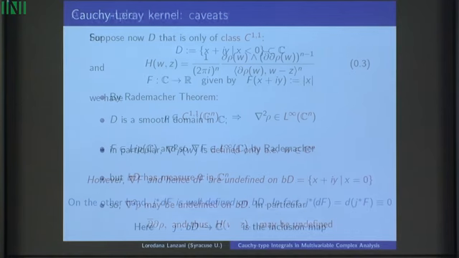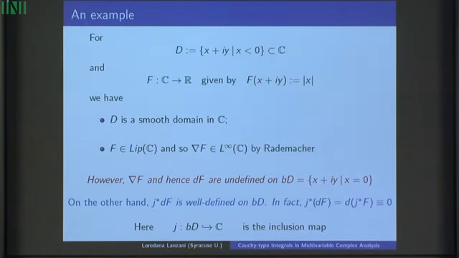And here is the toy example that kept us awake at night for many nights. There is no need to go to 2 derivatives. Let's just stick to 1 derivative and the classical Rademacher theorem. So your domain there is the half space, negative x, in 1 dimension. And your function of 2 variables, f of x plus iy, is just the absolute value of x.